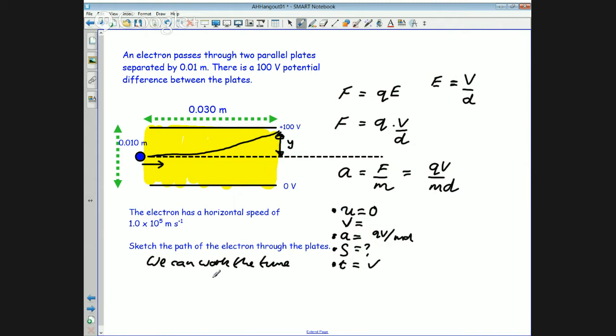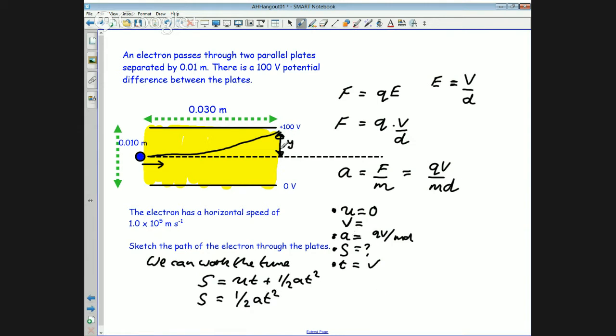We then work out the vertical displacement by simply saying s equals ut plus a half at squared. But since u is going to be equal to 0, the whole problem boils down to s equals 1/2 of the acceleration times the time squared.